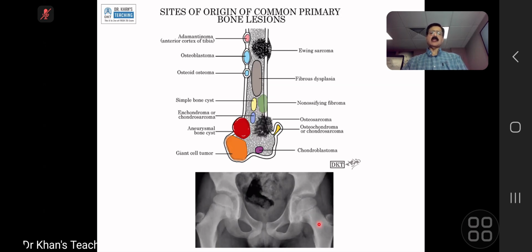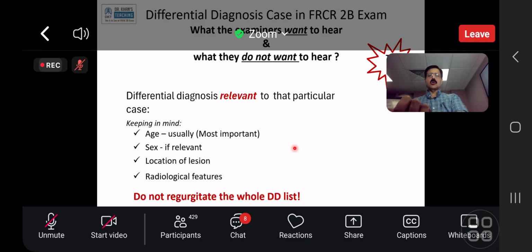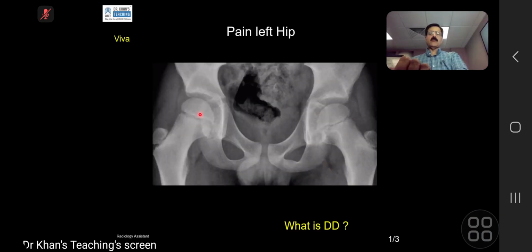But the main point is that it is symptomatic, and then look at the soft tissue, the capsular and the iliopsoas fat planes, they are distended. So what we have seen in these cases is that in the exam, in a young age group, always look for these metaphyseal lesions, and look at the hip, which is a favorite, and for that you will ask for an ultrasound.